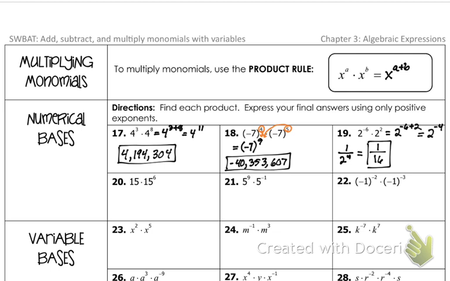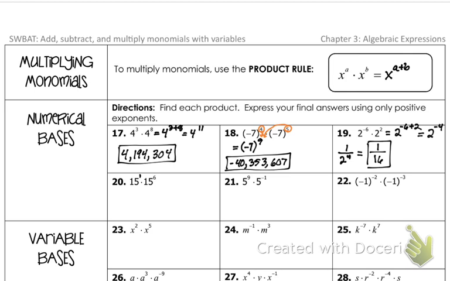Okay? And then I think someone asked for number 20, right? Now here's what makes 20 a difficult problem. We have 15 times 15 to the 6th, right? We have a hidden exponent there. We actually have 15 to the 1st. 15 to the 1st is 15. You have a hidden 1 all the time around things.